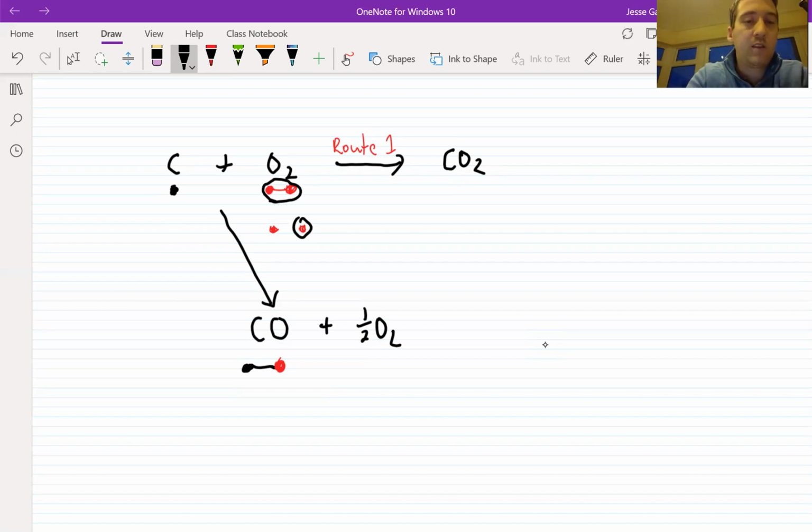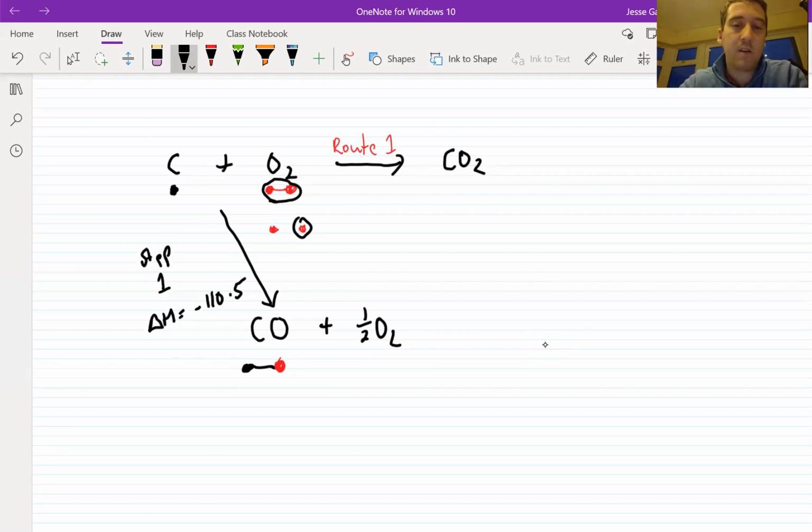So this could be step 1 of the process. And in forming carbon monoxide, we would have a delta H equal to minus 110.5. So forming carbon monoxide from carbon and oxygen has a delta H of minus 110.5.